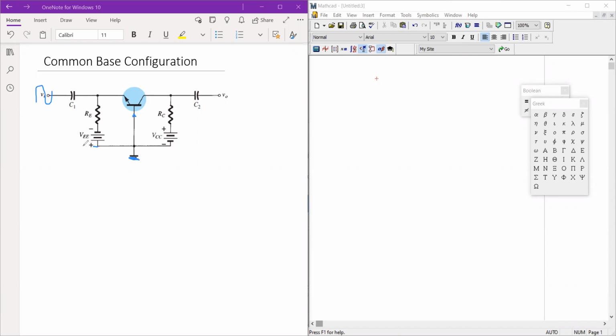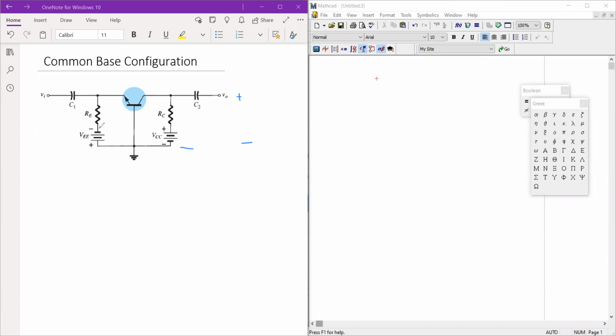And as you can see, we have positive and negative on the other end. This is where you're going to extract the output signal, the output amplified signal. So as you can see, we have our base as common to both the input and output terminal. So one way of saying it's common base, aside from the base being directly connected to your common ground.